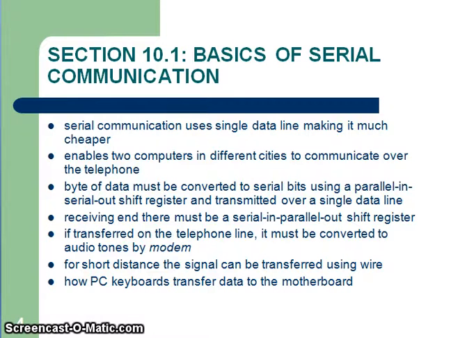In basic serial communication, a byte of data must be converted into serial bits using a parallel-in serial-out shift register at the transmitter side, and at the receiver side we must have a serial-in parallel-out shift register so that the data will be transferred. If it is through the telephone line, it must be converted to audio tones by a modem. For short distances, the signal can be transferred using wire.